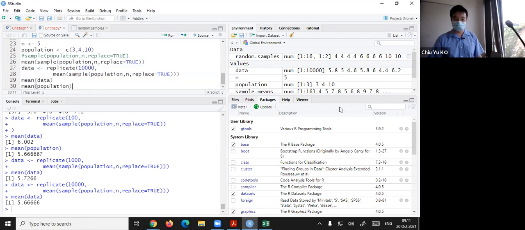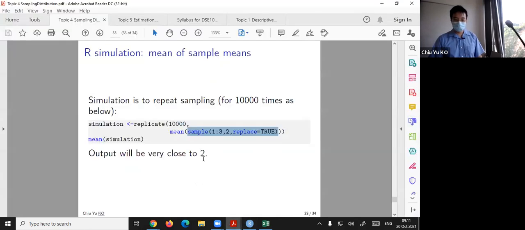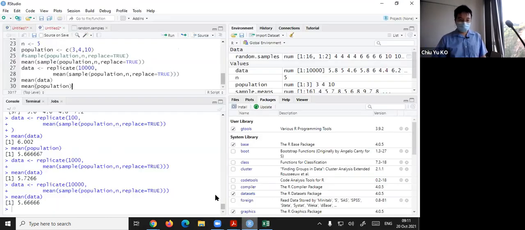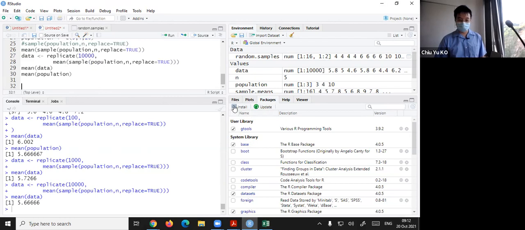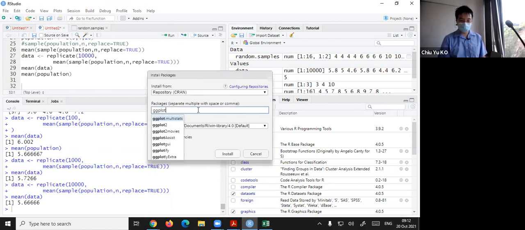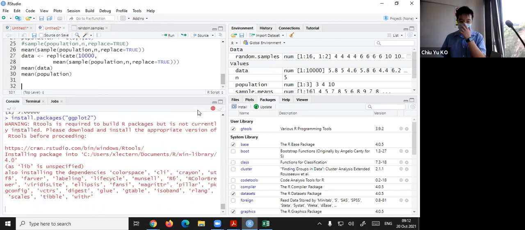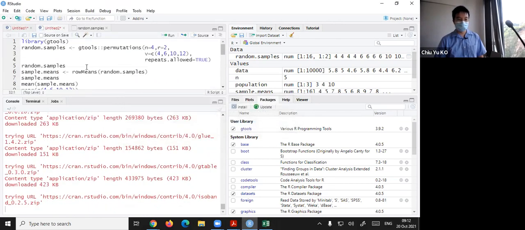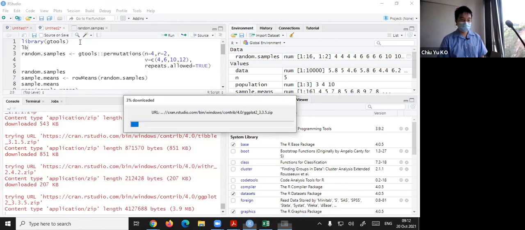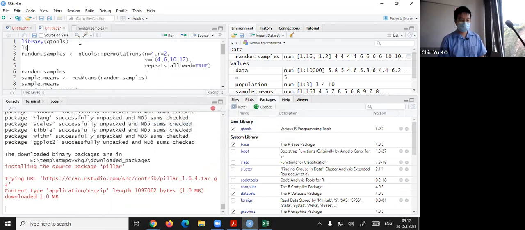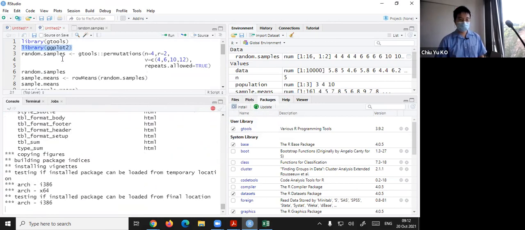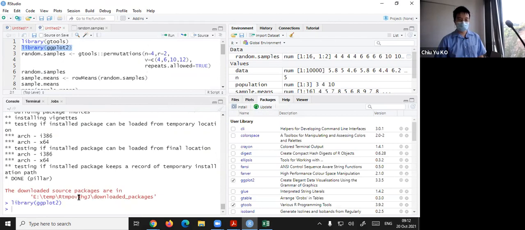We use ggplot to do the plotting. What we're doing will be following this. We do a histogram, I guess. We need to install ggplot2, if you haven't. I think it's there already. If not, just go back to the top. We have the library, library ggplot2 here.